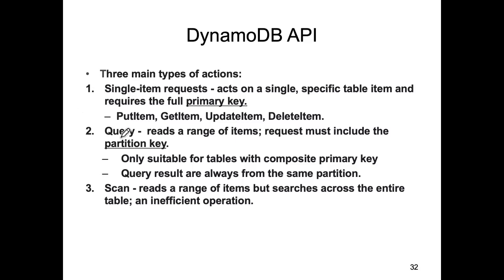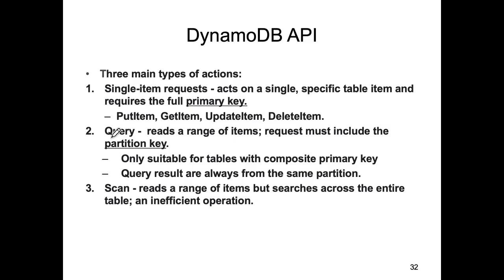There are query type operations as well that you can carry out. Again, a read operation. A query operation returns more than one item, but all of those items are going to be from the same partition. So for a query operation, you want to get a set of items that have the same partition key, but the sort key has a range of values.